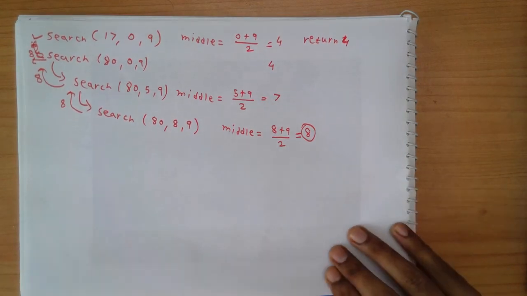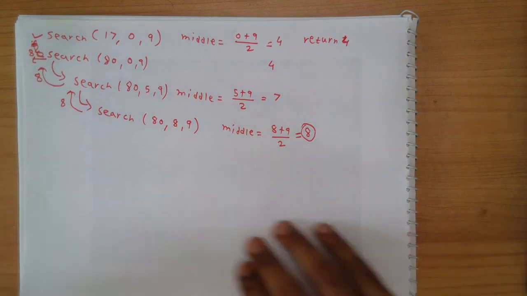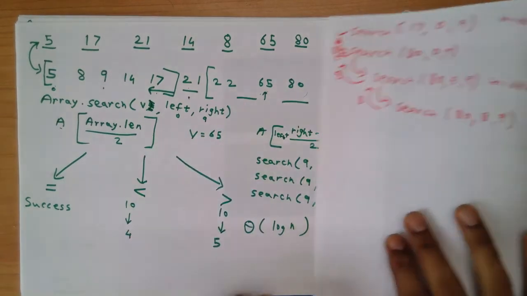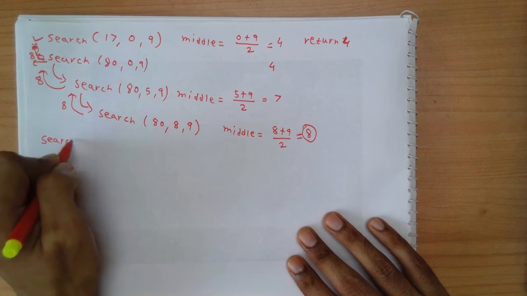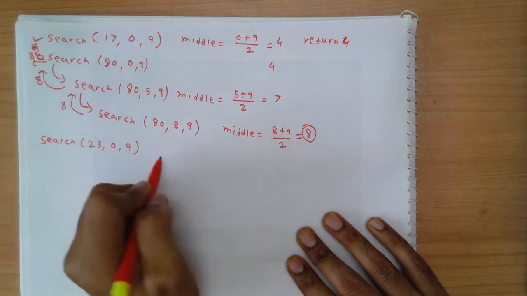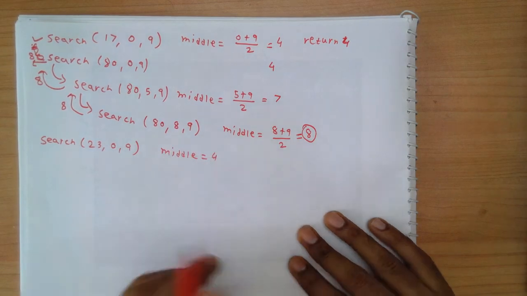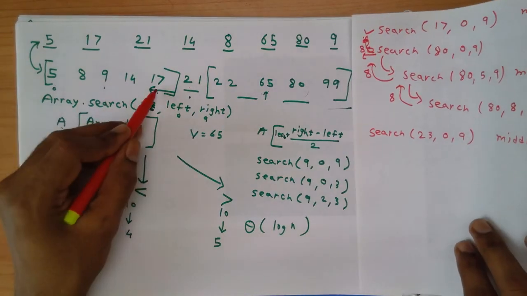But let's try to search a value which is actually not present in our input. So let's say 21 is here, I will try to search for 23. So now I search 23 from 0 to 9. Again my middle is going to be 4. I compare against the element at index 4, which is 17, and my 23 is greater than 17.